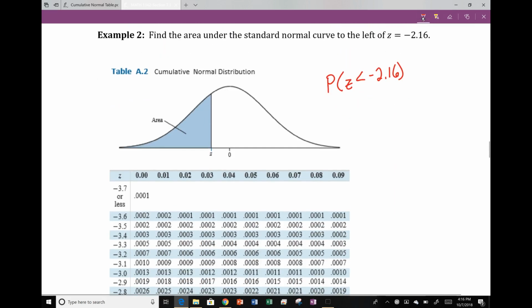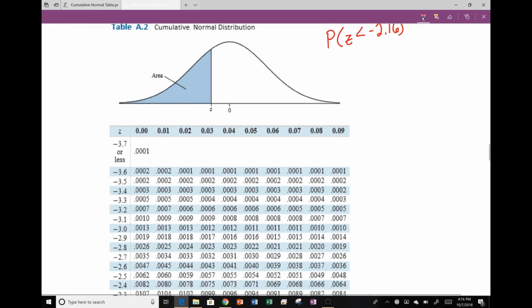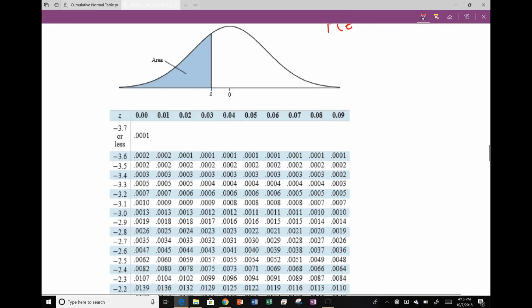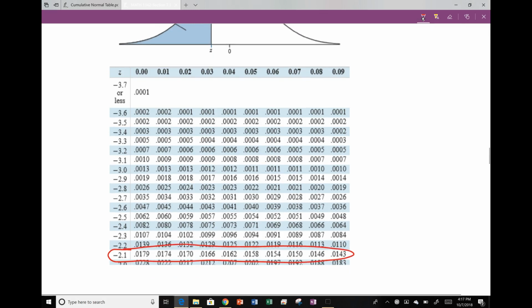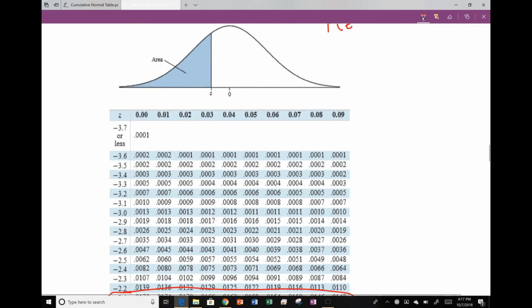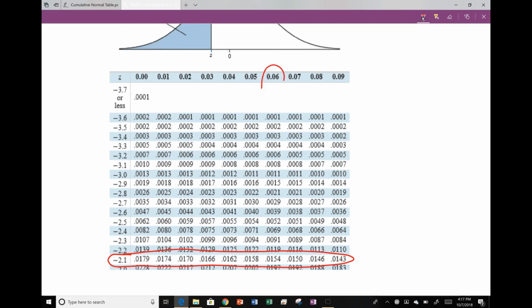So let's go back to the probability that z is less than negative 2.16. That is the area to the left, which is what our table shows. Since this is negative, I'm going to stay on the negative side. I'm going to go to 2.1, which is this row right here, and then we have a 6 in the hundredths position, so that's this column.